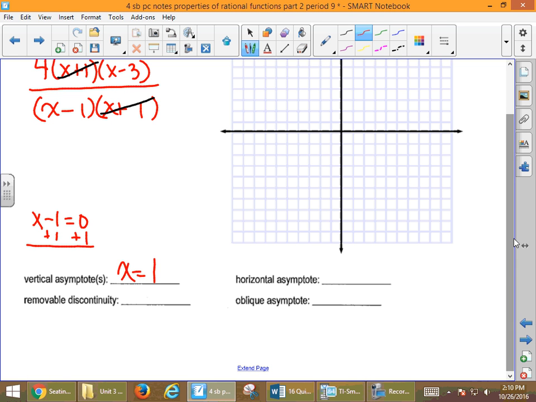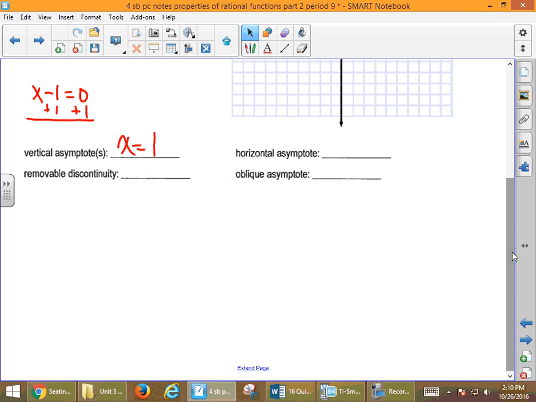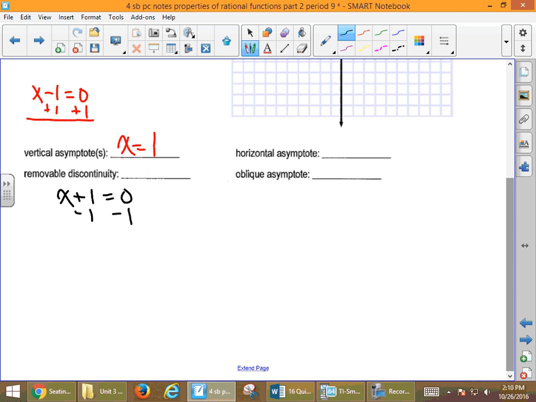But the removable discontinuity comes from the value that we canceled out. We canceled out the x plus 1. And if we set that equal to 0 and subtract 1 from both sides, we get x equals negative 1. That's going to be our x value of our removable discontinuity.